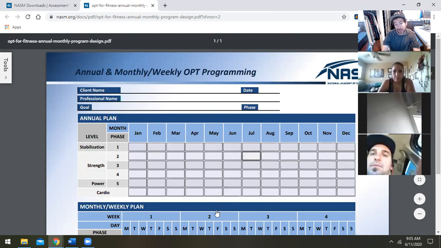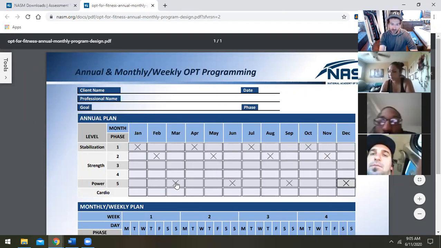If you're training an athlete in general for just general sports performance, phase 1 is really good because obviously we always need stabilization. Phase 2 is really good because endurance is huge in athletics. And phase 5 is really good because power is obviously also really important for athletics. So then you literally could just go like this. And that's a pretty good year right there.